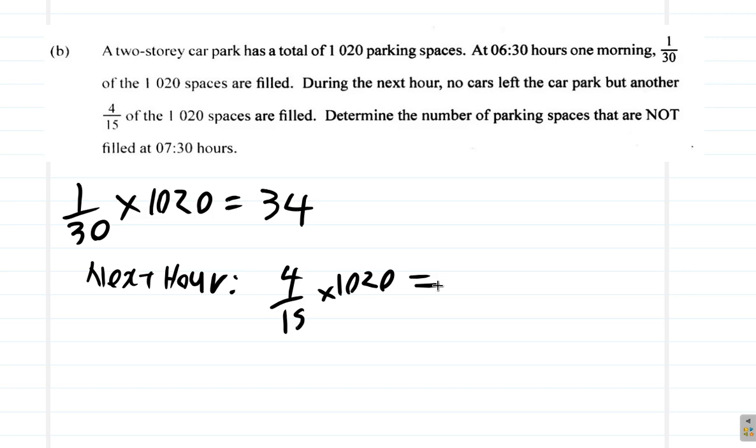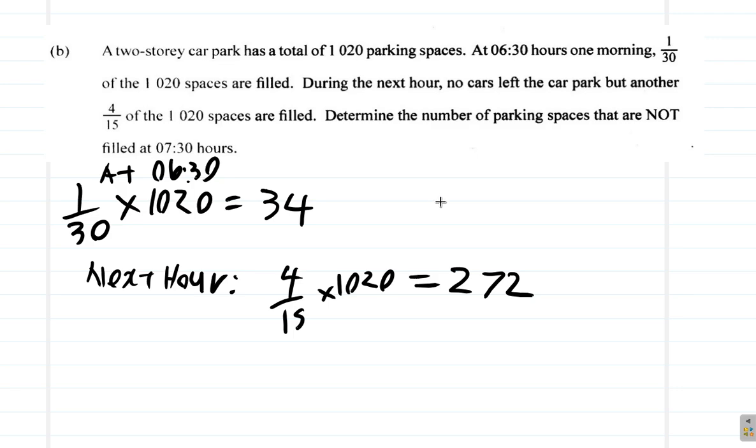But during the exam, of course, you use a calculator. 4 out of 15, and that multiplied by 1020 will give you 272. 272 spaces filled. Alright. So, here, this was at 06:30 hours. Then this is during the next hour.